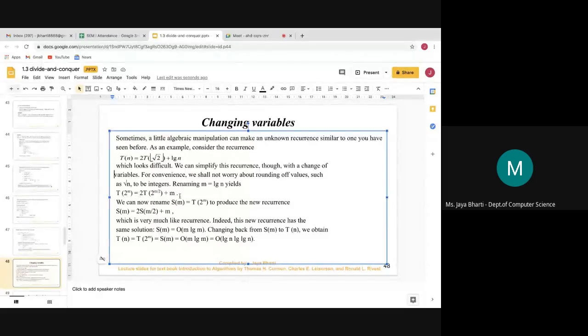So n = 2^m. Now substitute the values: T(2^m) = 2T(...), the 2T will be the same. Then here it is root 2, so how can we write root 2? Root 2 can be written like 2 to the power 1/2.